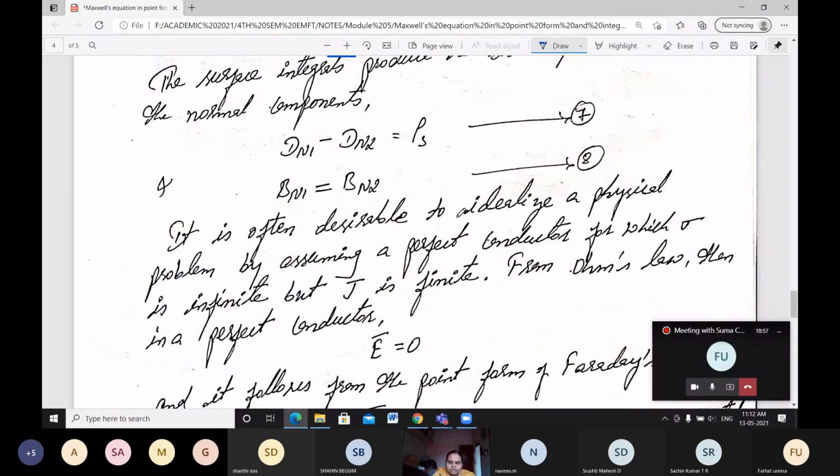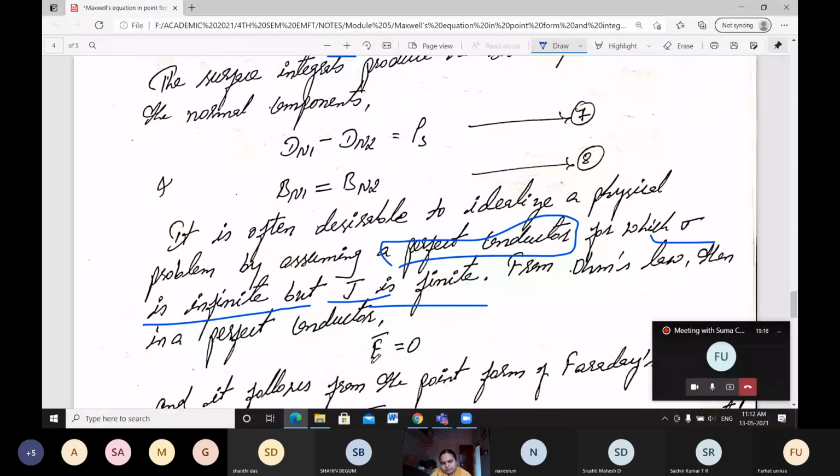It is often desirable to idealize a physical problem by assuming a perfect conductor, for which the conductivity sigma is infinity, but the current density J is finite. From Ohm's law, for a perfect conductor the electric field intensity is 0 only.